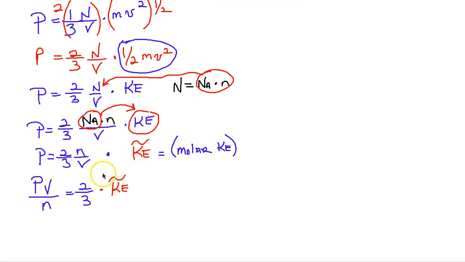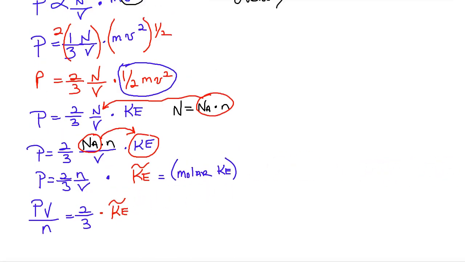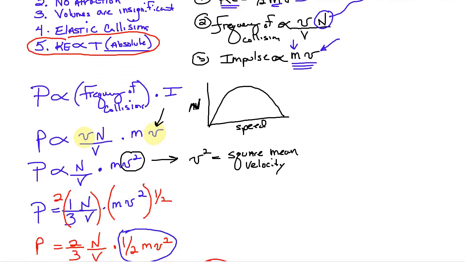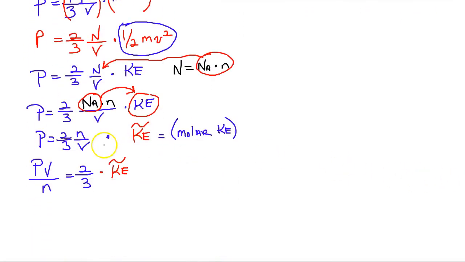Okay, now what do we know? Let's go back to one of our assumptions: kinetic energy is proportionate to temperature. You know that. So I know that this is proportionate to temperature, and PV over n might be proportionate to temperature. Oh, wait a minute. PV over n. Let's think about this. PV over n.